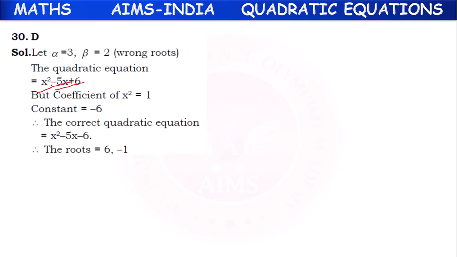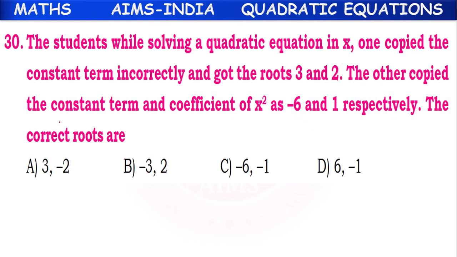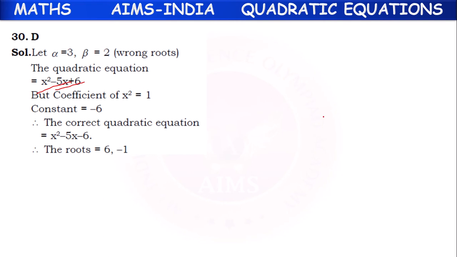But what have they done? One copied the constant term incorrectly. The other copied the constant term and coefficient of x² as −6 and 1 respectively. So the coefficient of x² they have copied as 1, and the constant they have copied as −6.